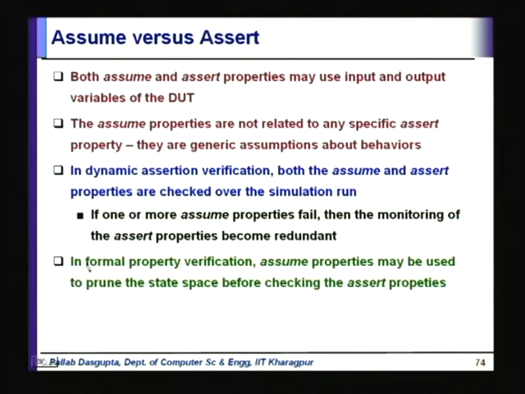Now, suppose where is the assumption coming in here? Now, remember that if you have a state machine which has both inputs and outputs, right, then where is the source of non-determinism? First of all, we need to understand that in a state machine which reacts to the environment, it has present state, input, next state.